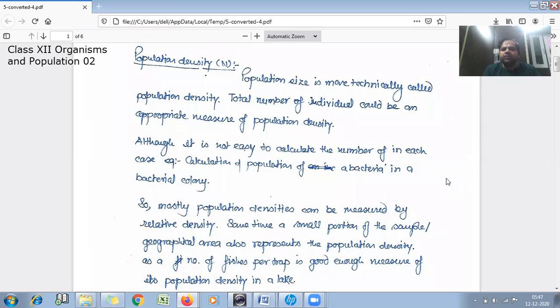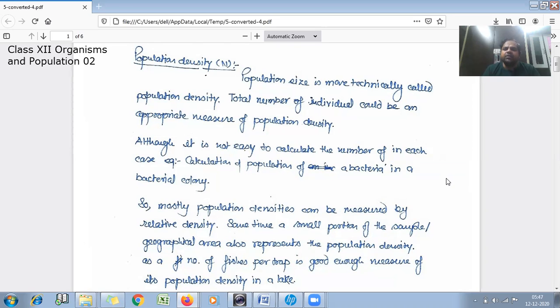The total number of individuals could be an appropriate measure of population density, although it is not easy to calculate the number of individuals in each case, such as the population of bacteria in a bacterial colony.